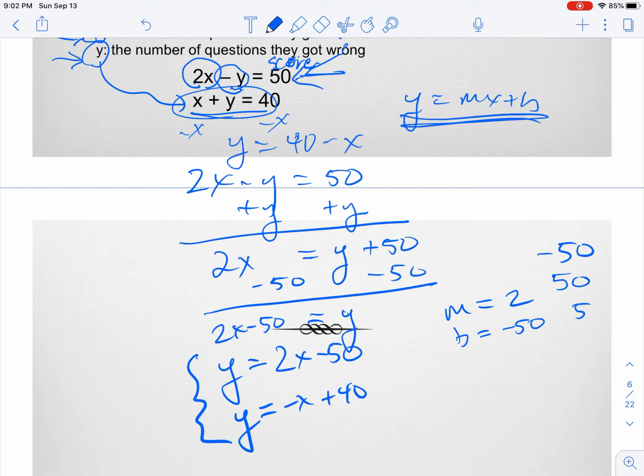I have a pretty good idea what that line looks like. But let's go back to the y equals, move down to y2 equals, move your cursor over so it's blinking in the open space, and then we want to type in negative x plus 40. And now I should be able to hit graph.